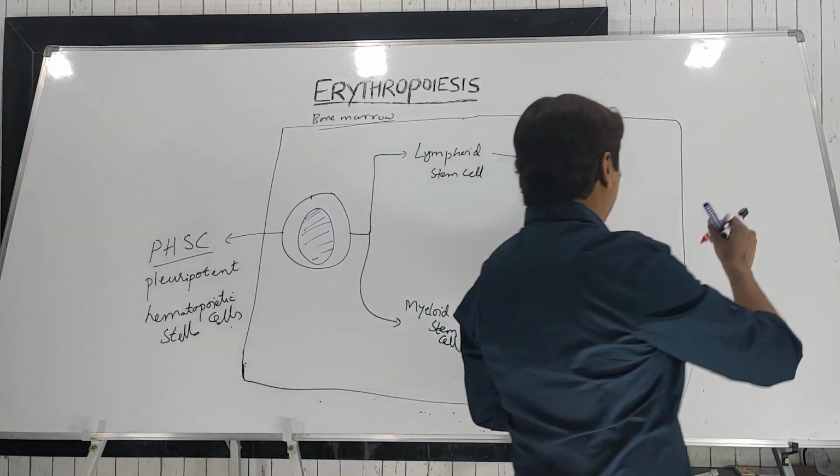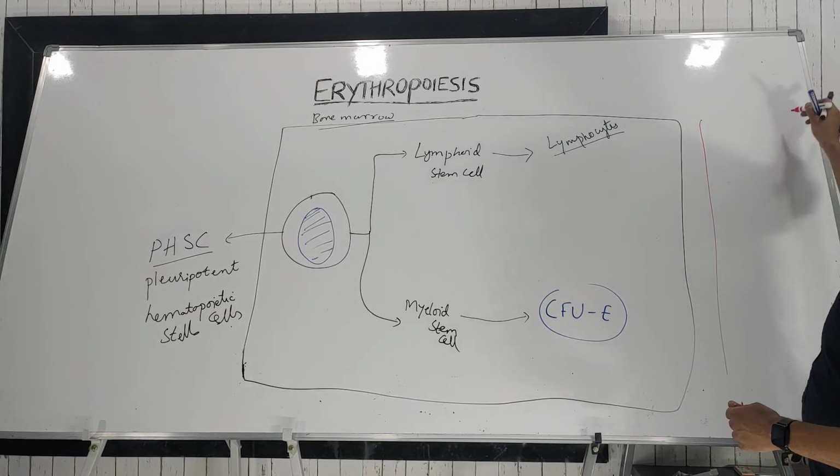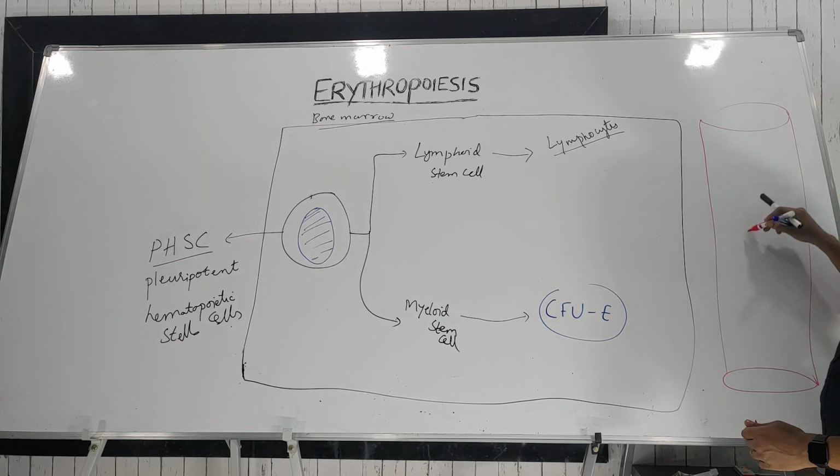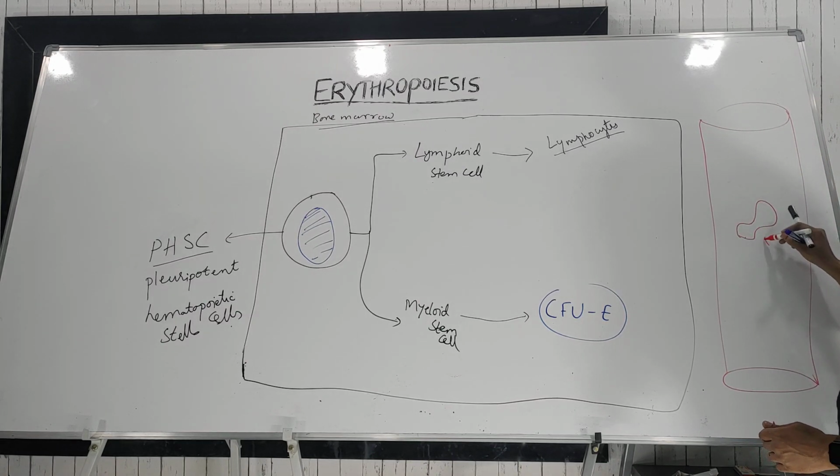So I'll just draw a blood vessel here. In the blood vessel, that is in the circulation, various cells will be there. Here mature RBCs will be there.